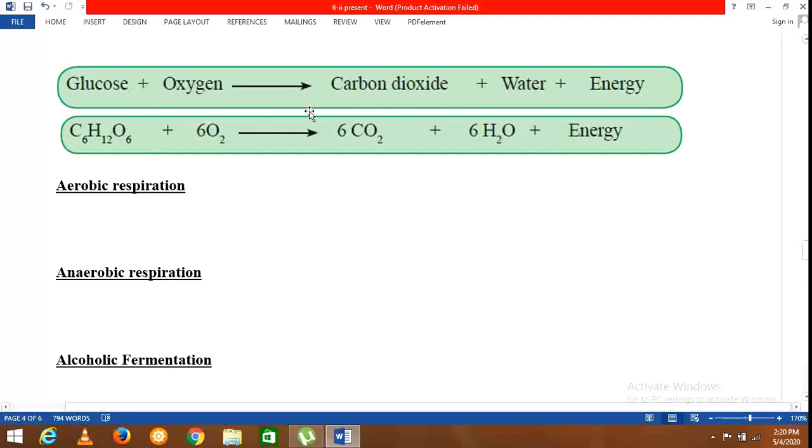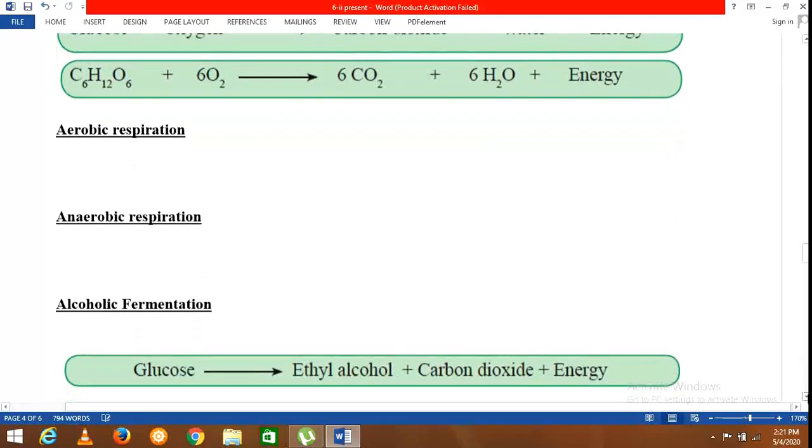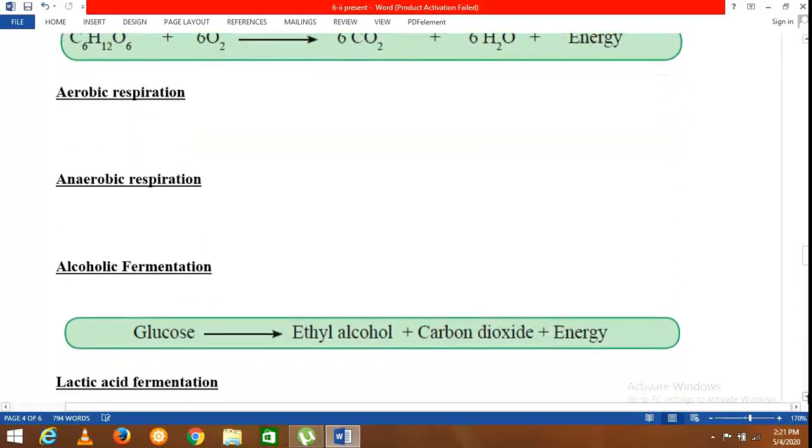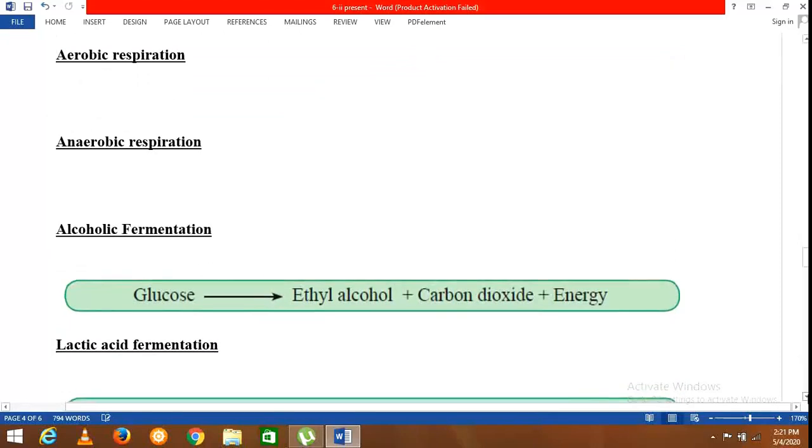So actually this is the equation for aerobic respiration. Anaerobic respiration is the respiration which is carried out by organisms without oxygen. So in addition to certain bacteria, in plant cells as well as in animal cells, this anaerobic respiration takes place.